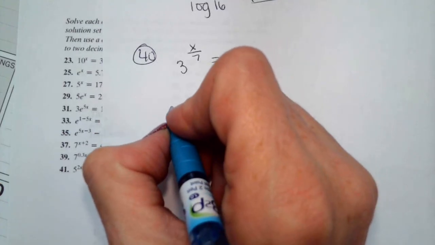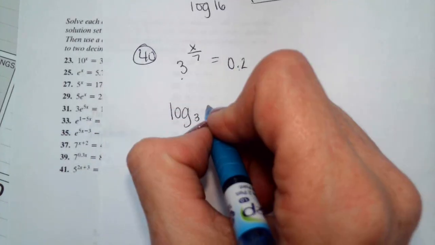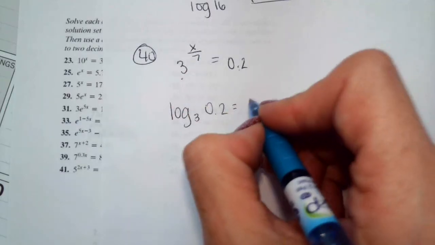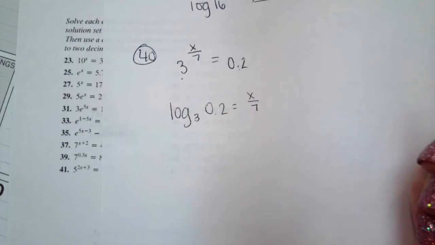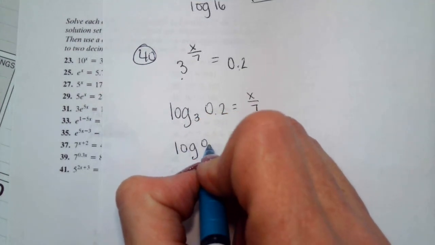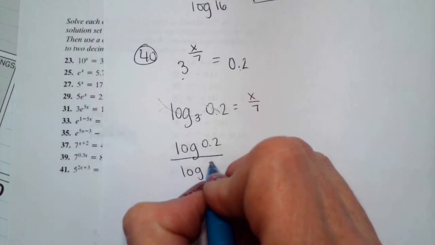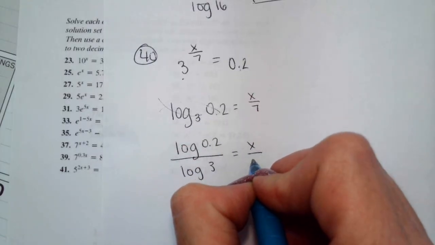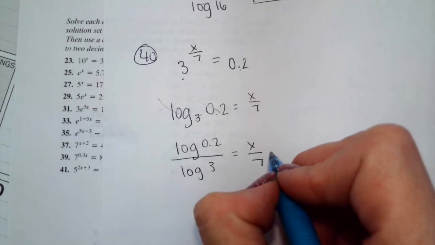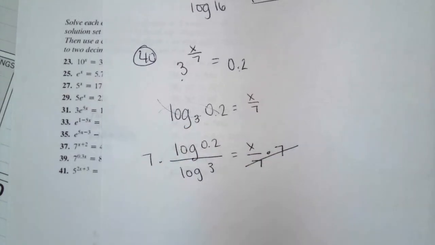So I'm going to go ahead and do log base 3 of 0.2 is equal to x over 7. Now I can use the change of base, so log of 0.2 over log of 3 equals x over 7. I need to get the x alone, so I'm going to multiply both sides by 7.